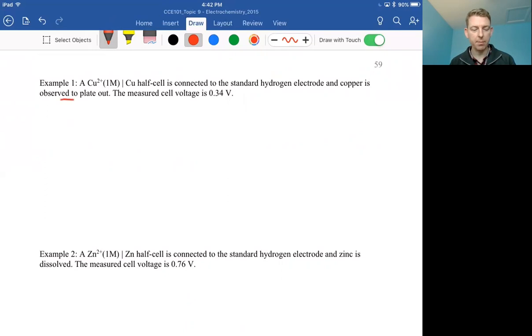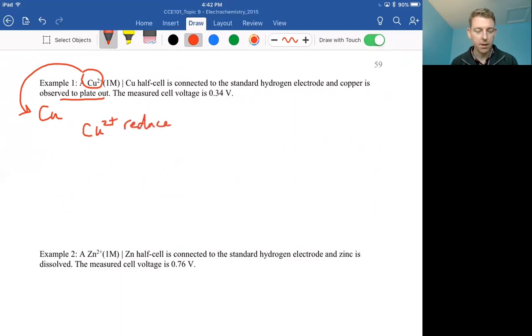So when we say that it's plating out, that means that copper metal is forming, okay? Which also means that we had this copper 2+ reactant reducing into the copper metal, okay? So that means that if copper 2+ is reduced, then that's our cathode.